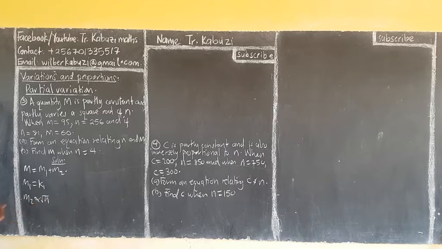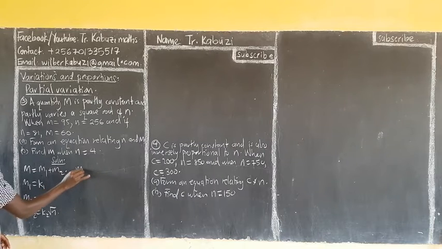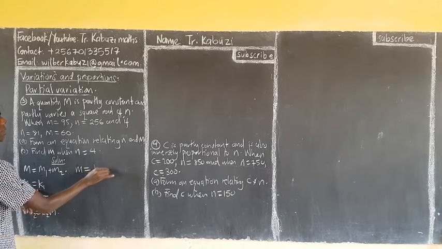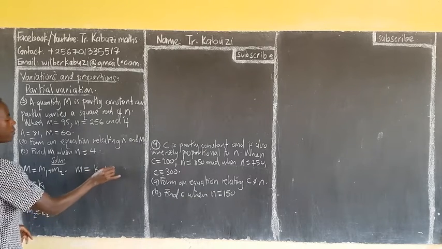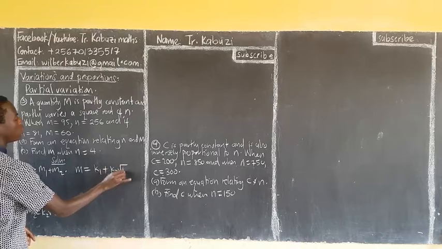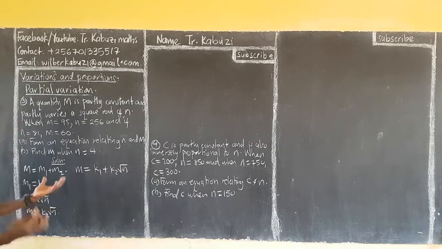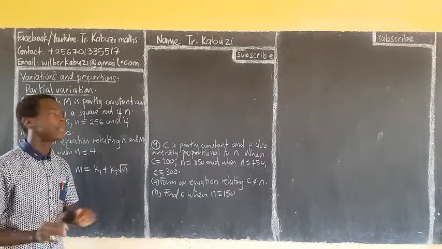To remove this, we introduce the proportionality constant, so m2 will be k2 root n. So that means that now my m is going to be m1 plus m2. My m1 is k1 plus m2, which is k2 root n. As simple as that. So that's how we can easily form that equation.